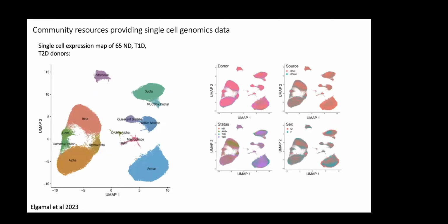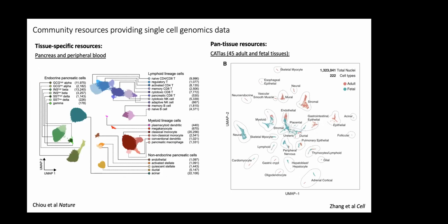So that's gene expression, and then I just want to briefly touch on chromatin as well. There's also an increasingly large number of single cell ATAC-seq maps that are being generated. Again, can be tissue specific. So we several years ago published a study looking at single cell ATAC-seq in pancreas and blood, and the reference is here.